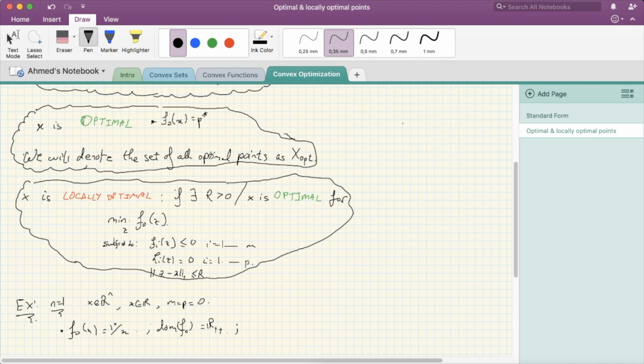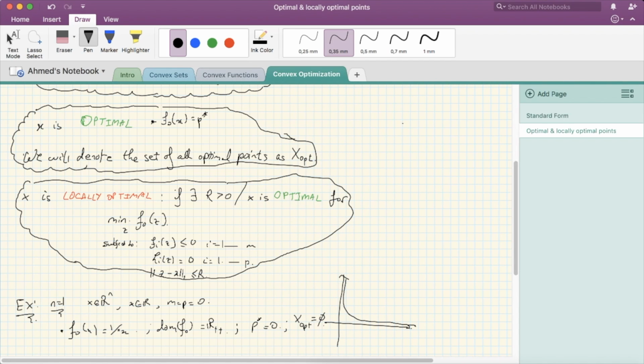The infimum would be 0, because on R++ it looks like this. And if you're minimizing, what is a point that could achieve this? There's none. And therefore we say x opt is the empty set. So there are no optimal points for this problem.